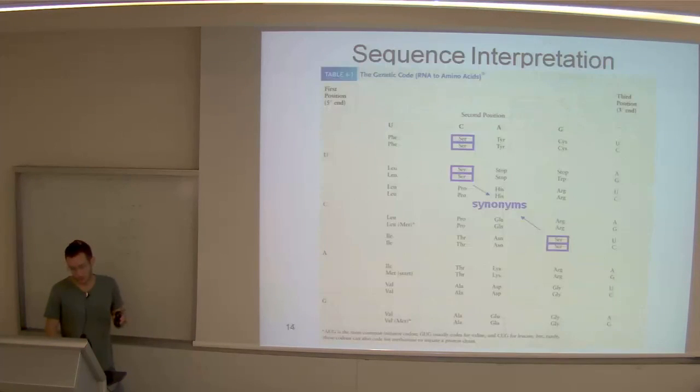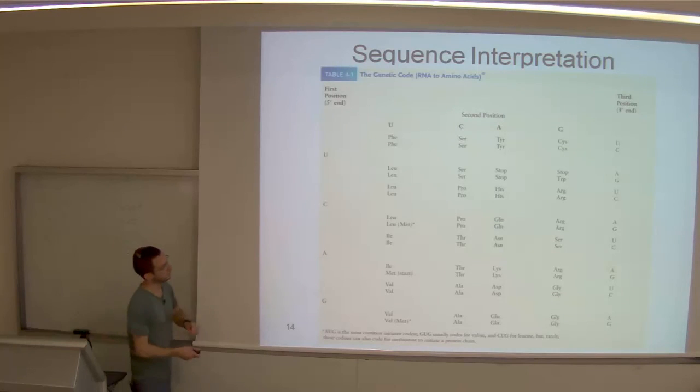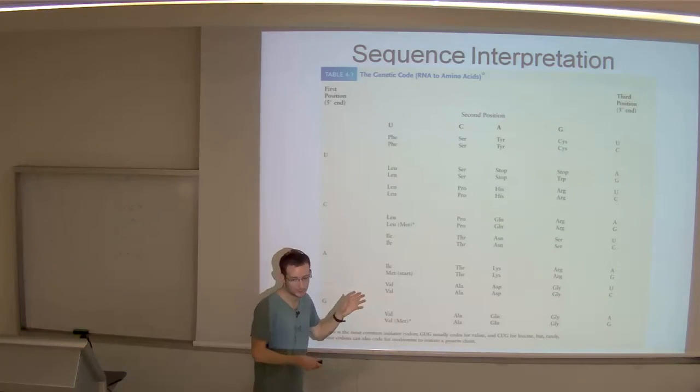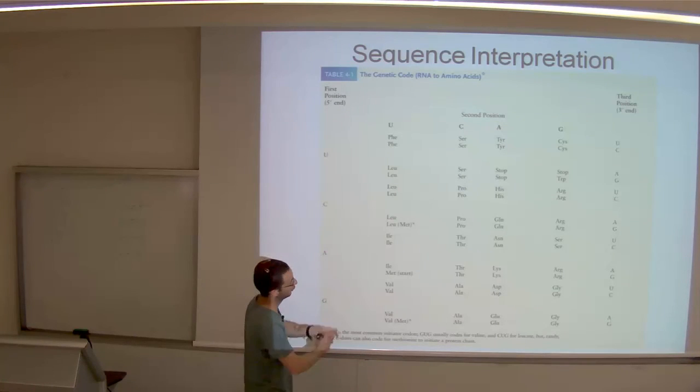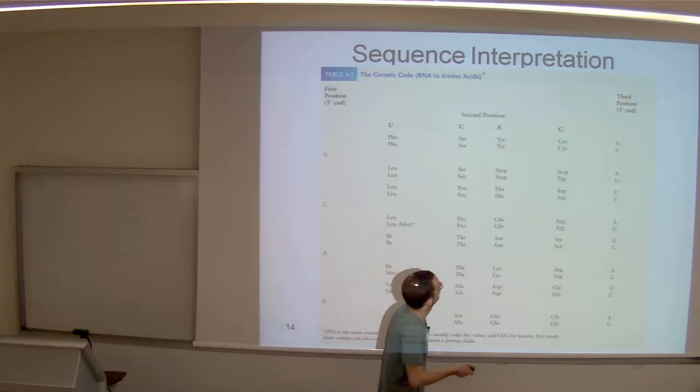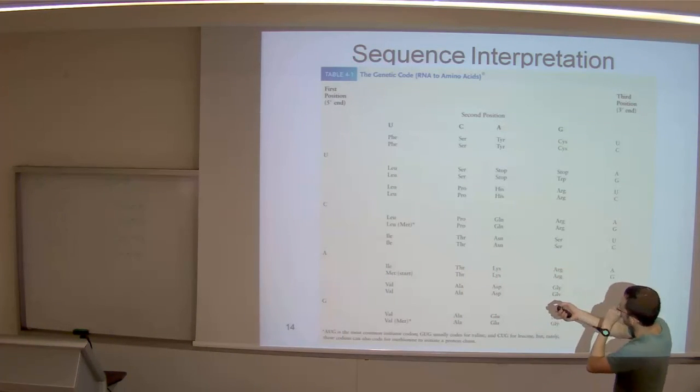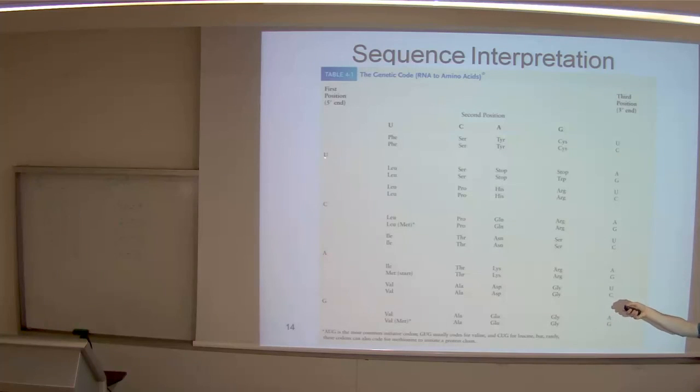Okay, this is the genetic code. And this is the most common representation of the genetic code, which is a triple code. Biologists don't like 3D, so this is a way to put three axes on the same graph or the same table. So in each side here you see the nucleotide in the RNA, and then you can match to it an amino acid.